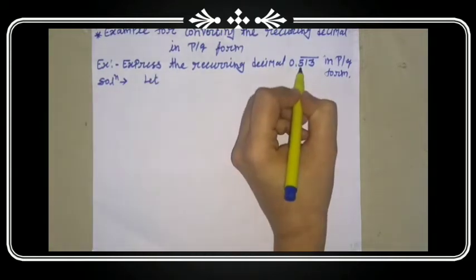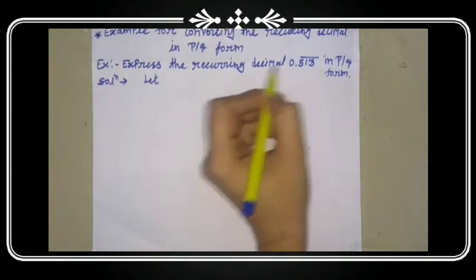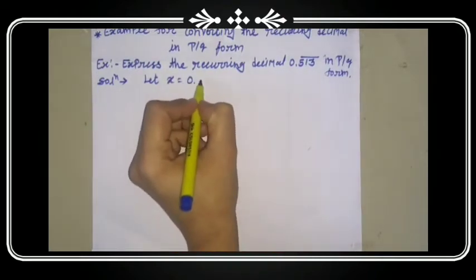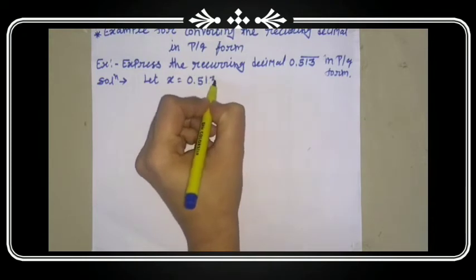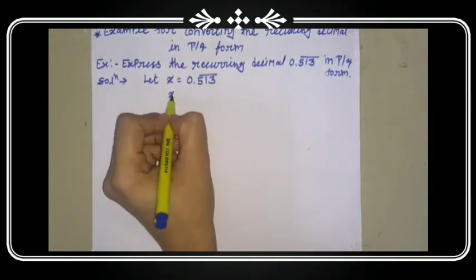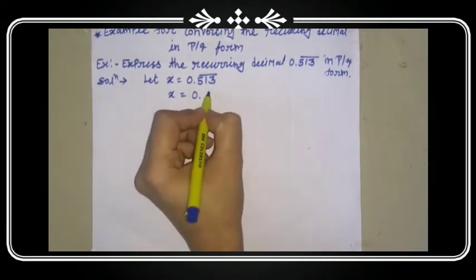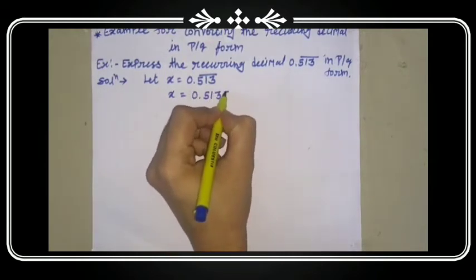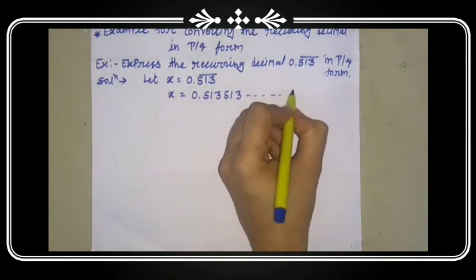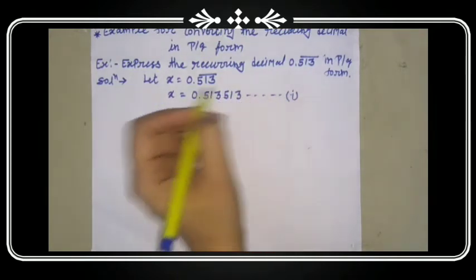X equal to the given number, that is 0.513 bar. Means x equals 0.513513, denoted by the first equation.